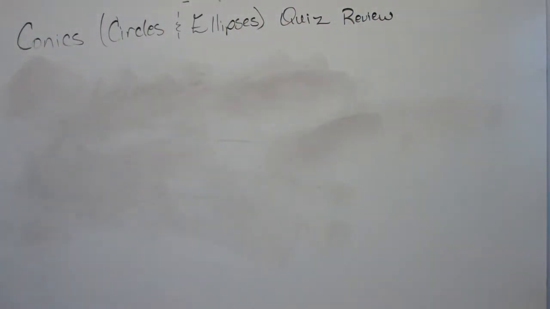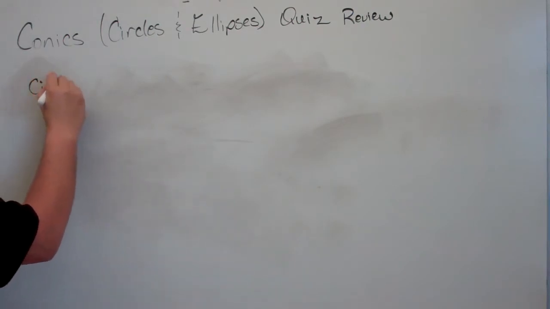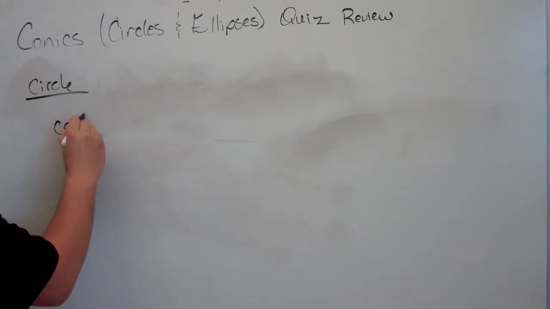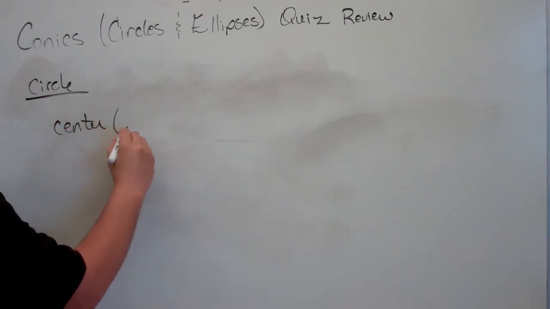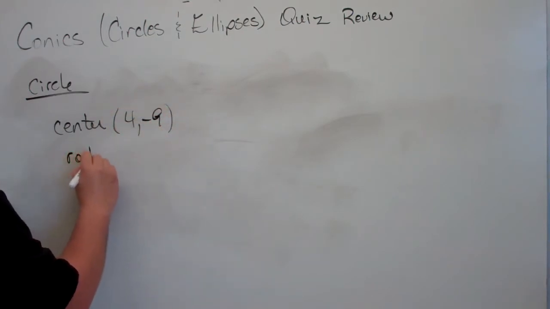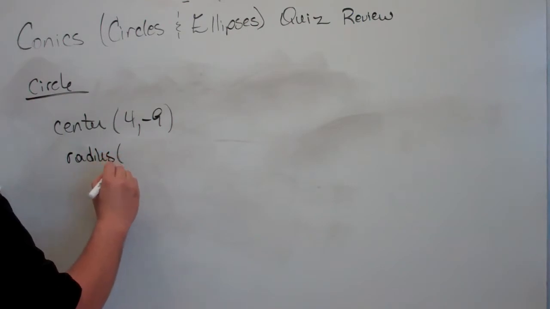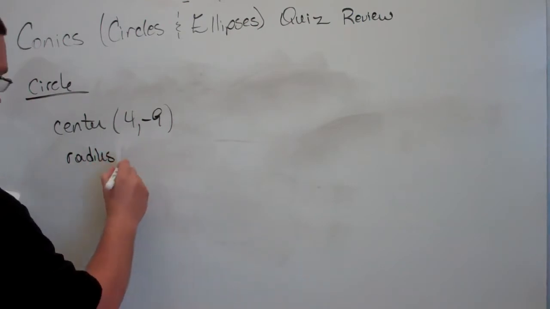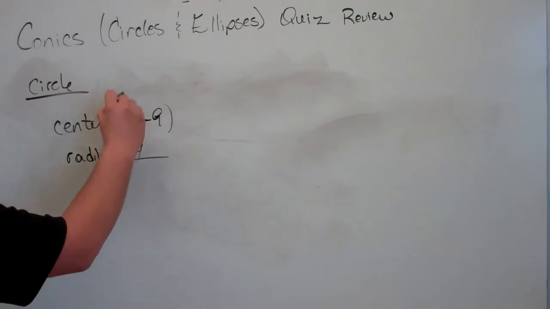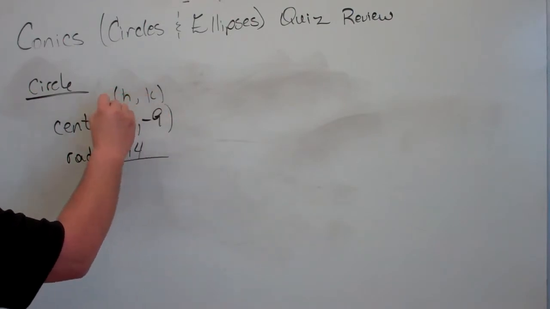Alright, number three. We need to write the equation for the circle. So this is a circle with the center at 4, negative 9, and a radius of 14. So we need to write the equation for a circle. Again, we know it's x minus h, and remember, this is h and k.